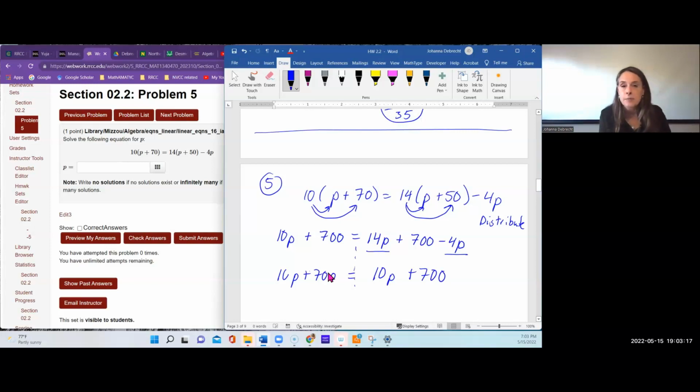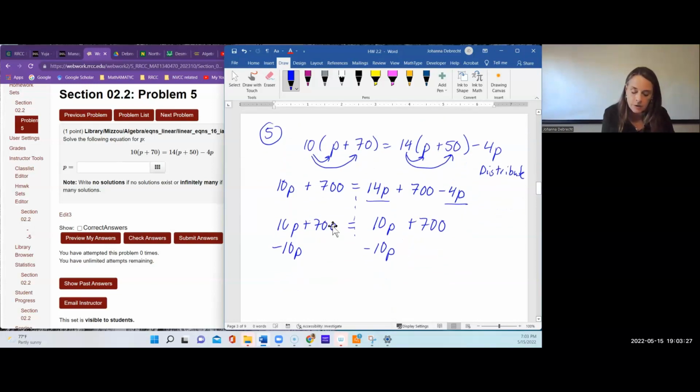Uh-oh, do you see what's coming? When we try to get the x terms together by subtracting one of these 10p's, they're going to cancel and disappear. Now, this is a special kind of equation, and what we end up with determines what we call it.